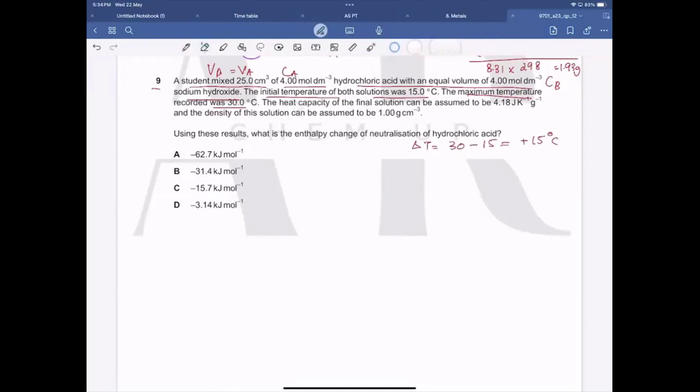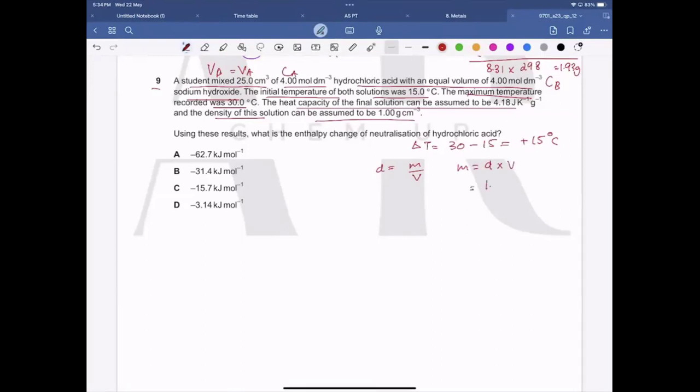Okay. The heat capacity of the solution can be assumed as 4.18 joules per Kelvin per mole, and the density of this solution can be assumed as 1 gram per centimeter cube. We know density equals mass over volume. So if I have to calculate the mass, I have to do density times volume, right?